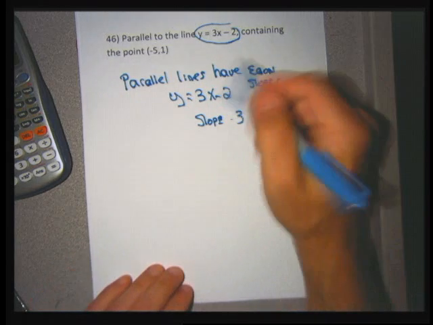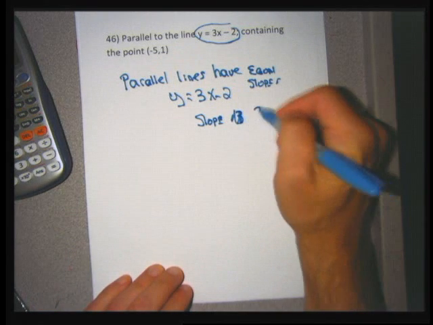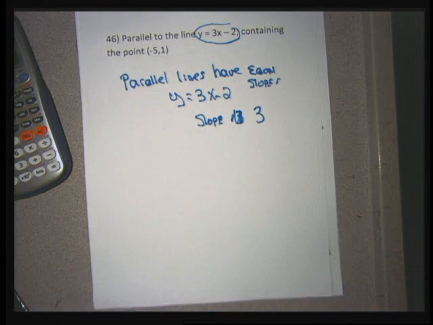So the slope of the line that I'm trying to find an equation parallel to is 3.